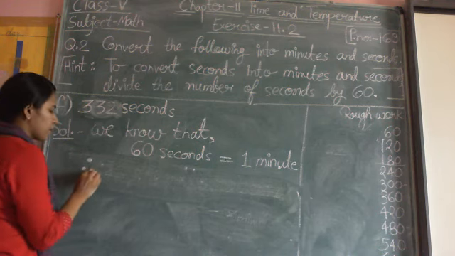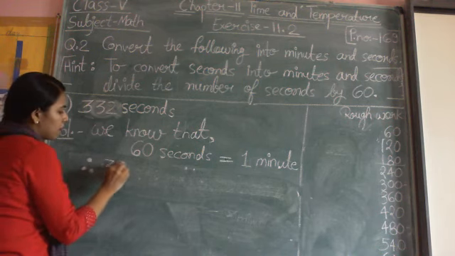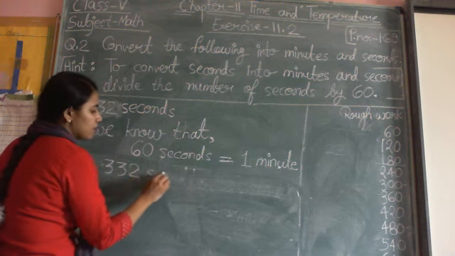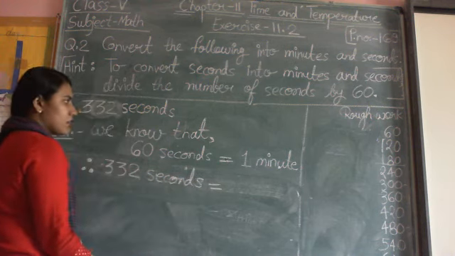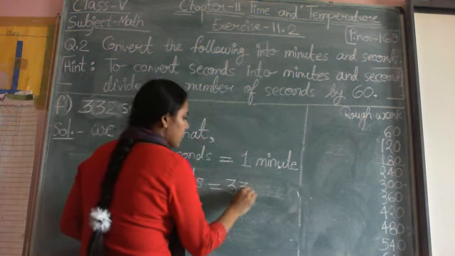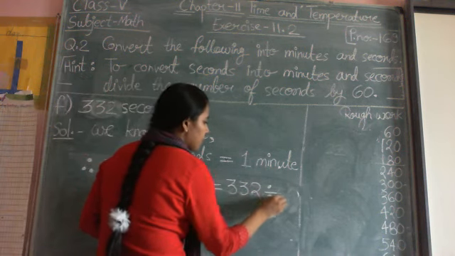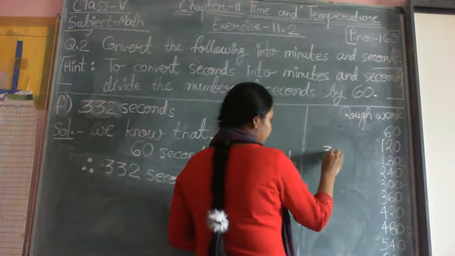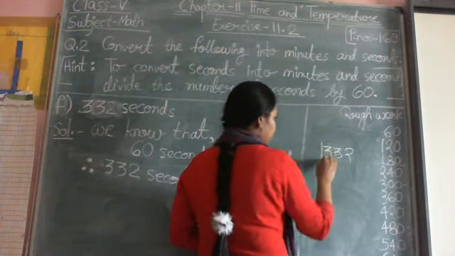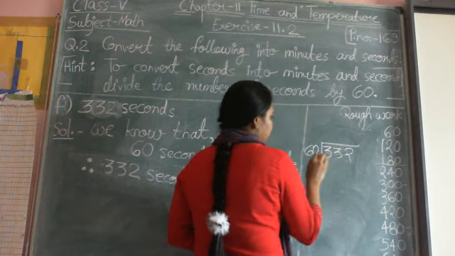Therefore, 332 seconds is equal to 332 divided by 60. Now in rough work, we will divide 332 by 60.